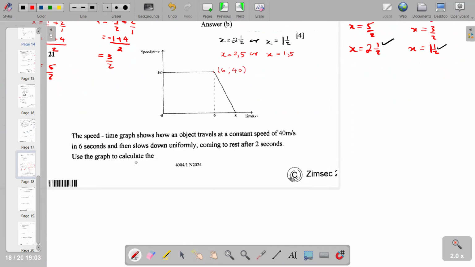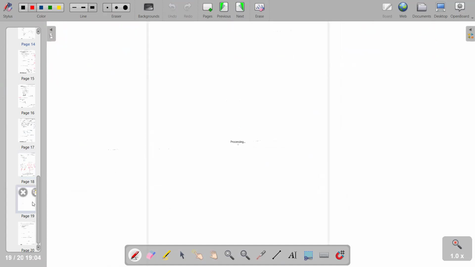Then it slows down uniformly, coming to rest after 2 seconds. Use the graph to calculate the coordinates here. Written in coordinate form, this is 8, 0. And the coordinates here are 0, 40.